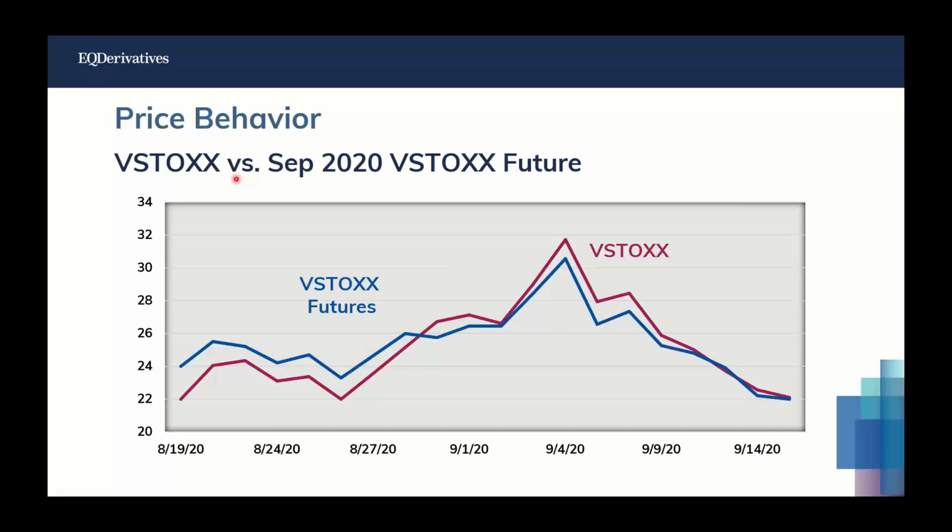They tend to subside pretty quickly as well. Now, switching over to VSTOXX, and kind of the same time frame there. One of the neat things about having VSTOXX available to trade along with VIX is they don't always move in the same direction. If there are Europe-specific issues, and Brexit would be one, we saw VIX and VSTOXX disconnect.